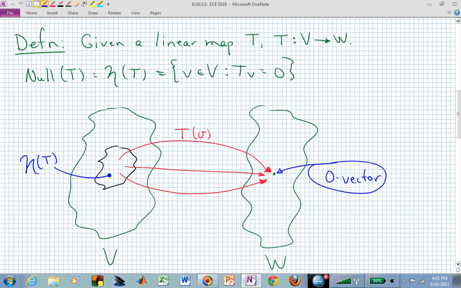In set notation, I may use a script N for null space and a script R to represent range. I may write it out; I think the book writes it out. The null space is the set of vectors in the domain, set V, such that those vectors, when mapped through the linear transformation T, end up going to the 0 vector in our codomain.